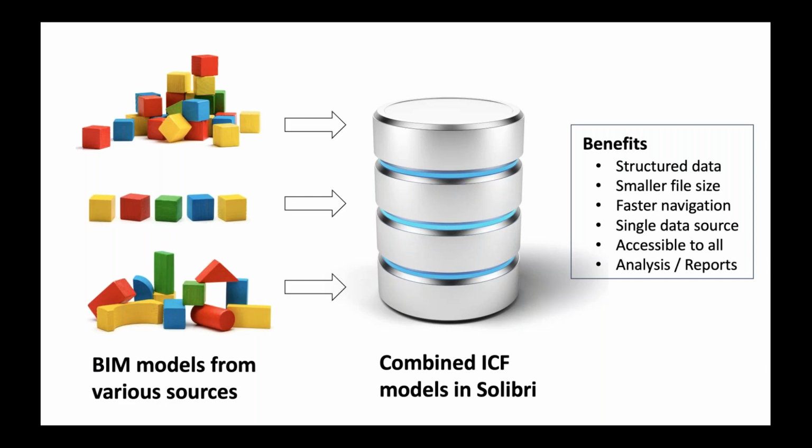Like, you can't draw walls in Solibri, so that's not better. You still have to go back to your software. But everything for analyzing the project is better in Solibri than it is in your native BIM software. You have a single data source, smaller files, easier navigation, the ability to organize data. You can analyze it and produce reports.